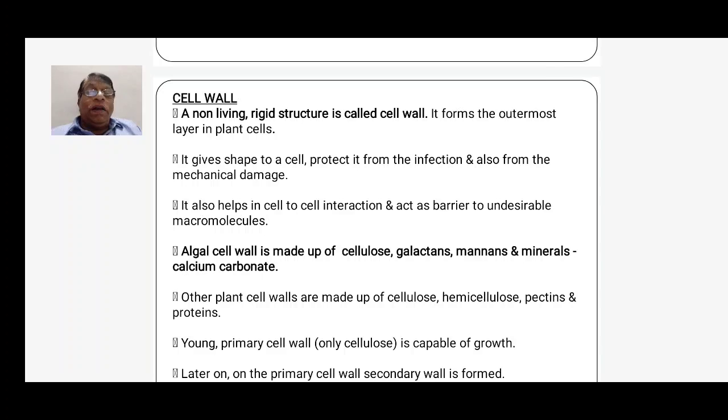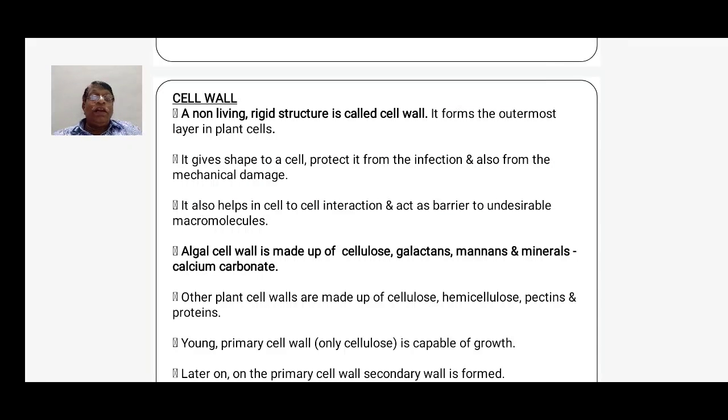Cell wall. So next we shall study the cell wall. The cell wall is a non-living rigid structure in a cell. What is the difference between cell wall and plasma membrane? Plasma membrane is a living membrane. Okay. Cell wall is a non-living layer.